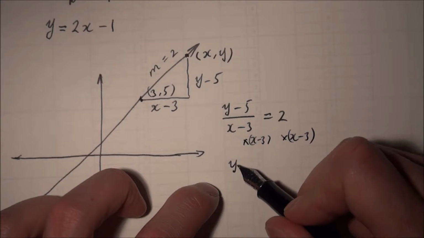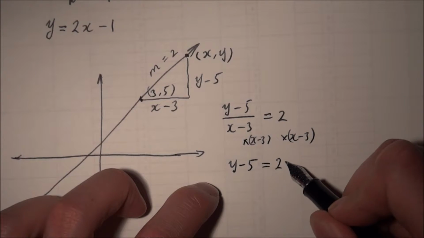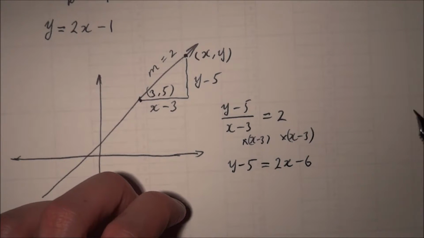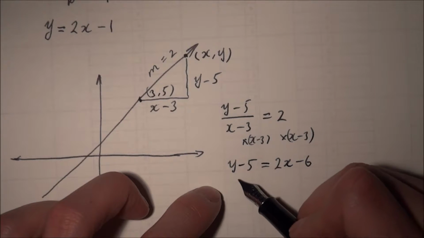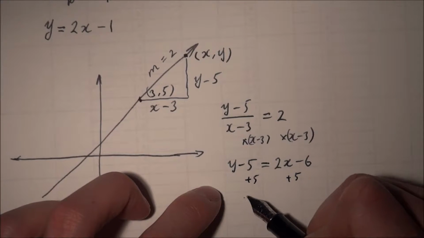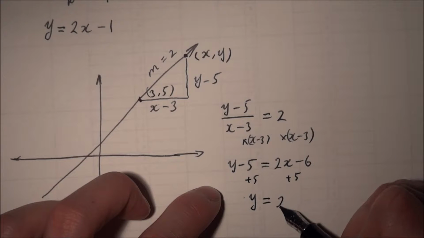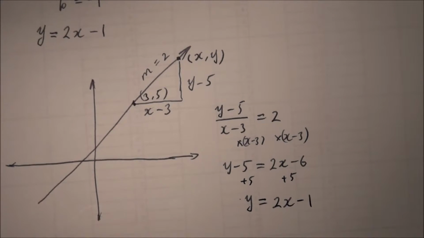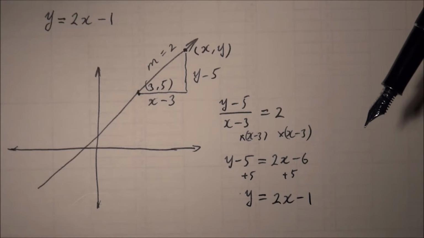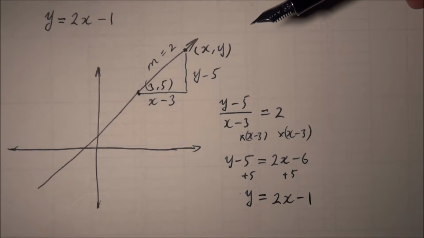So we end up with y minus 5 equals 2x minus 6. Remember, distribute the 2 to both x and 3. Then add 5 to both sides, and y equals 2x minus 1. Exactly the same. So the two methods yield exactly the same results.